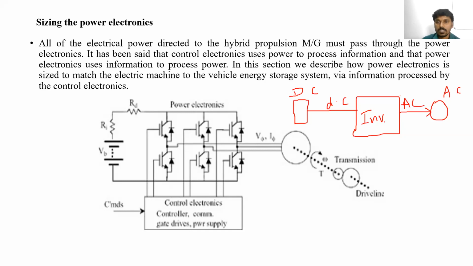Clear? So this variable AC is applied to the electrical motor, and based on this variable AC, the motor speed will vary. Clear? So here we can use the inverter.